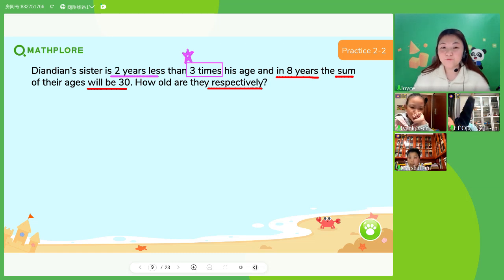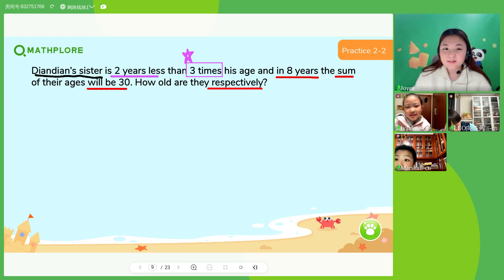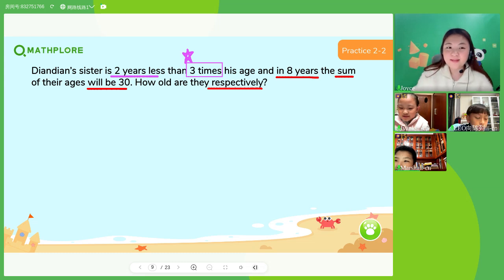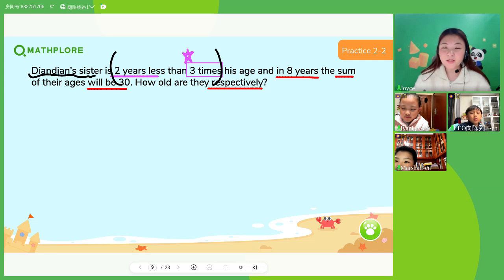We firstly draw one segment for which person? Dian Dian or Dian Dian's sister. Who is younger? Dian Dian's sister is something less than several times the age of Dian Dian. So who is younger? Be careful. Dian Dian's sister, we see this part as a whole part, everyone. 2 years less than 3 times.